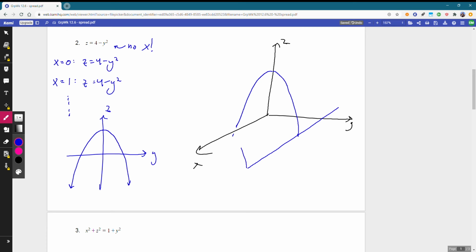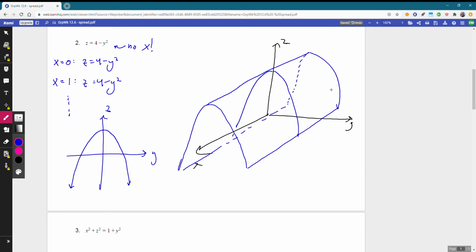As we do that, we get this kind of cylindrical shape here. This infinite hill, if you'd like.